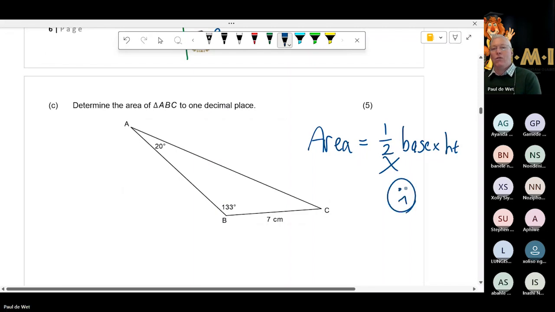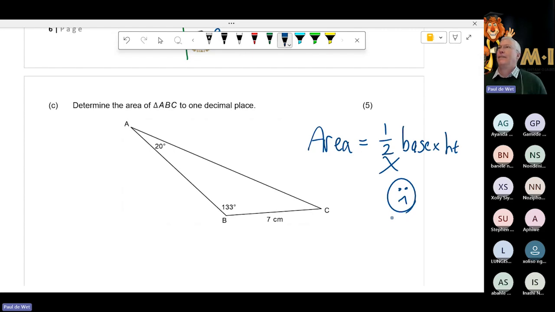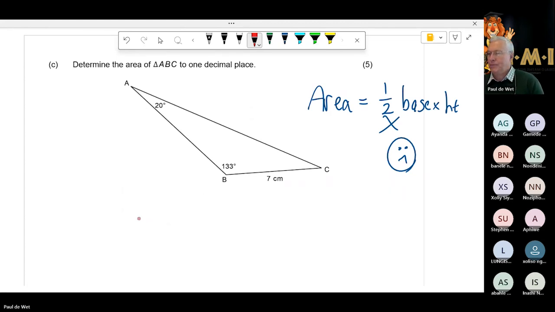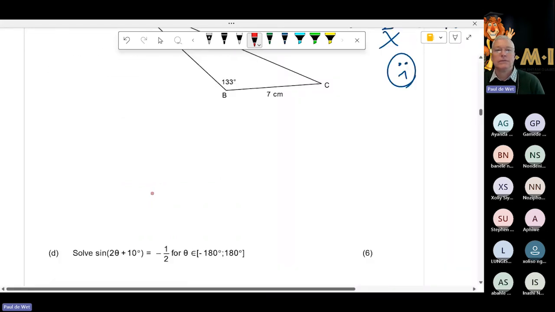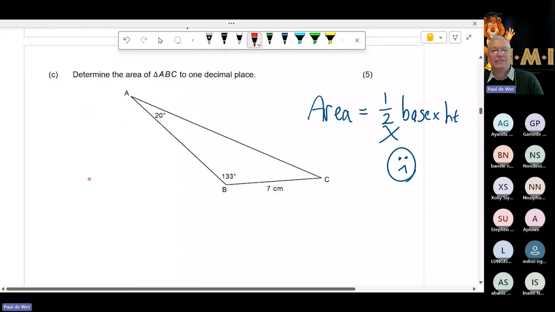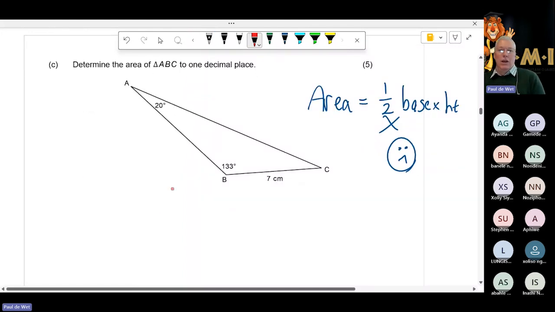Okay? So, let's see if someone can tell me how I'm going to do this question. Nancy, Kinga. I use the sine rule.